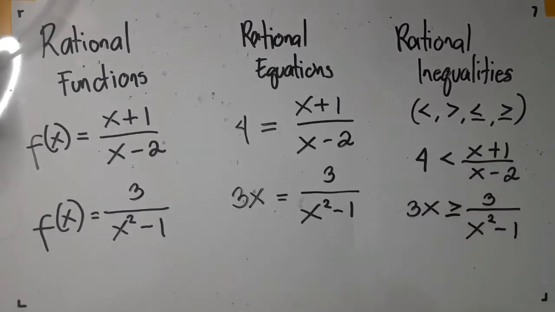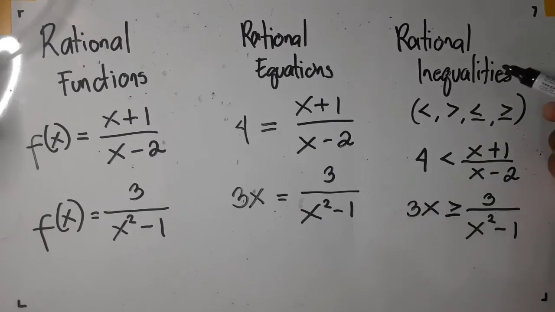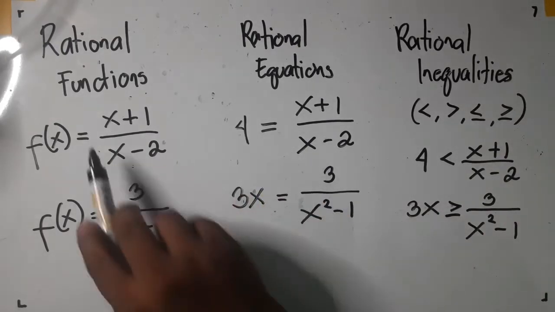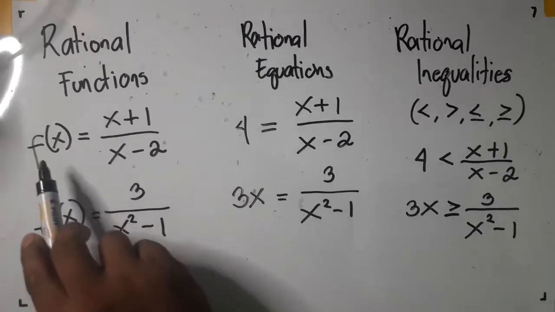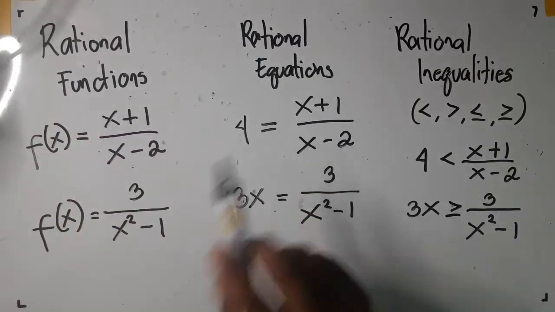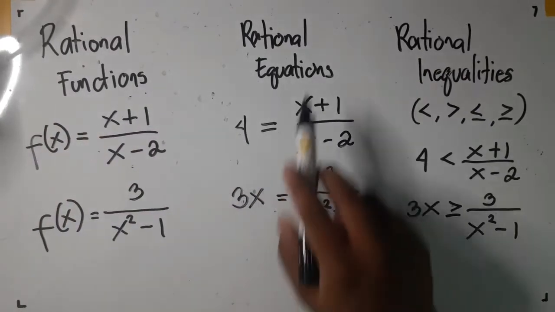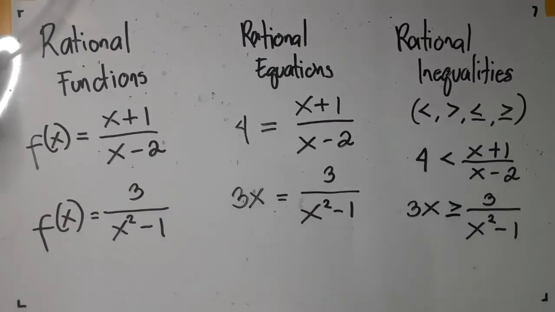As you notice, they have less than and greater than or equal, which are symbols for inequalities. For equations and functions, you notice an equal sign, but a function is named f, while an equation is not named after a variable. So these are the three topics in Module 2.